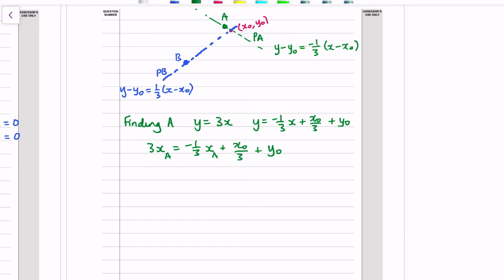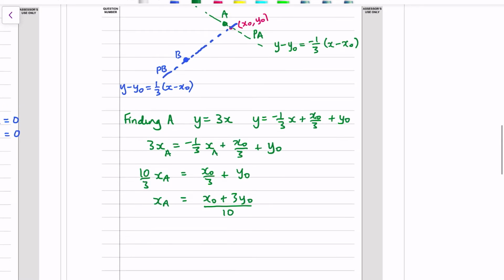If I rearrange this, I've got 3 plus a third, 10 thirds xA equals x naught over 3 plus y naught, times everything by 3 and then divide by 10. xA is x naught plus 3y naught all over 10.